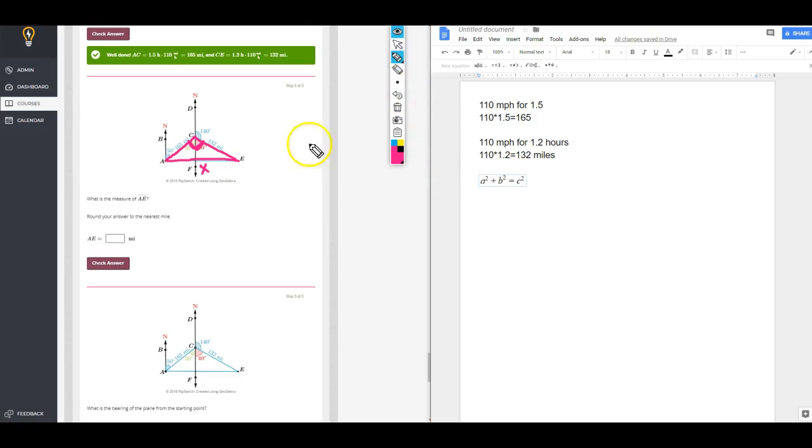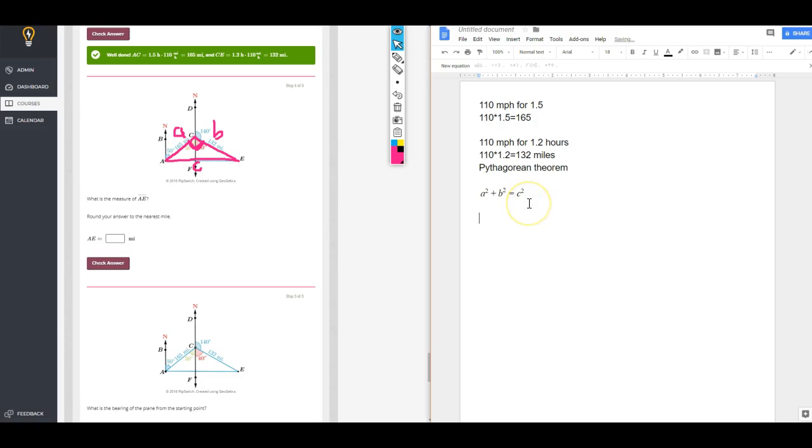Now c is always the hypotenuse, and the hypotenuse is always across from the 90. So AE is actually the hypotenuse, and then I'm just going to label this as a and label this as b. So that's our Pythagorean theorem.